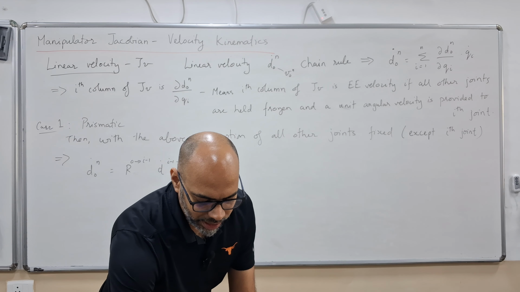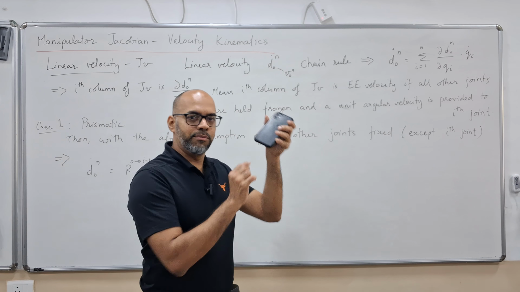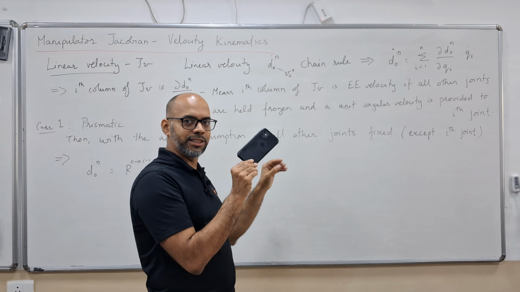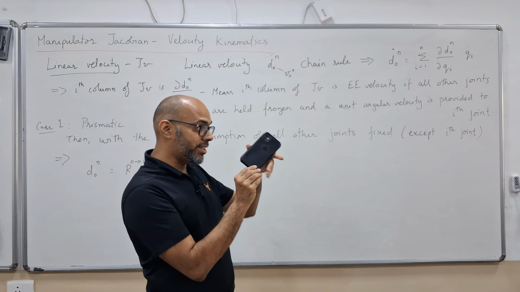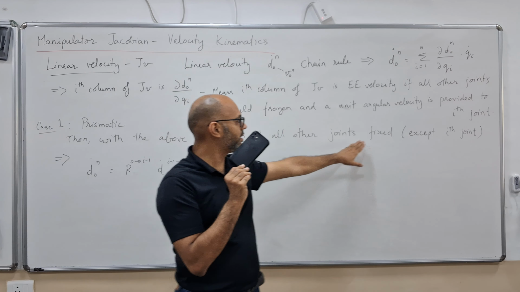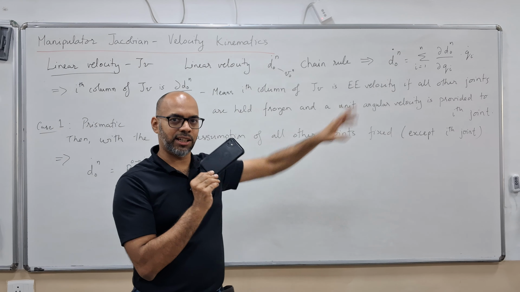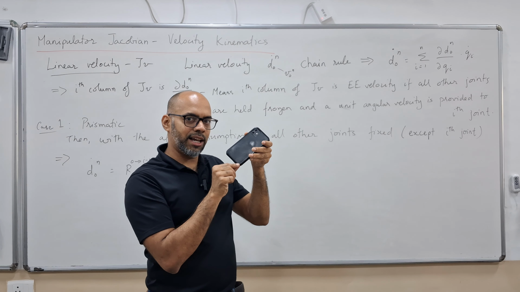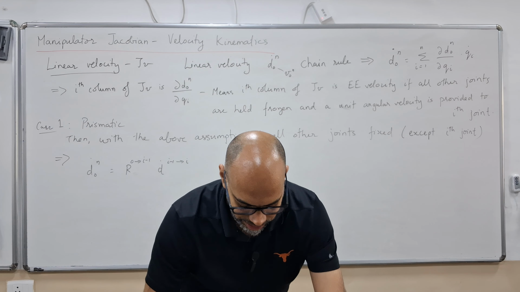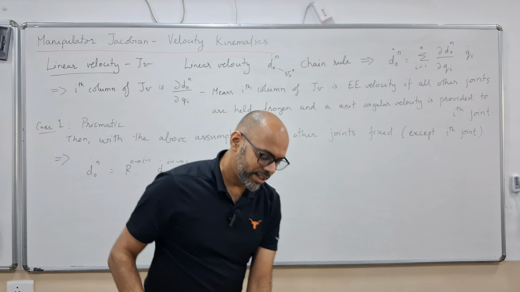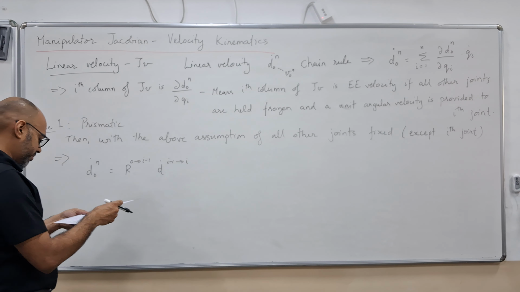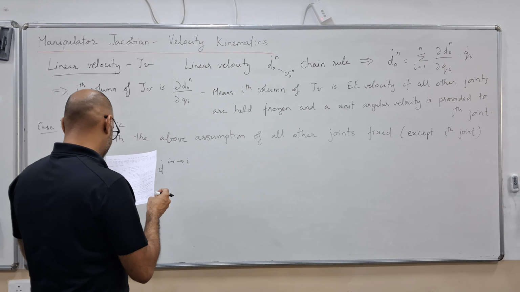If I'm moving one part of a rigid set of links, they are all connected together and the joints are fixed, so it behaves like a rigid body. So at one end I'm moving with a certain velocity, then the other end will have the exact same velocity with no rotation, right? That helps us because it simplifies things a great deal.